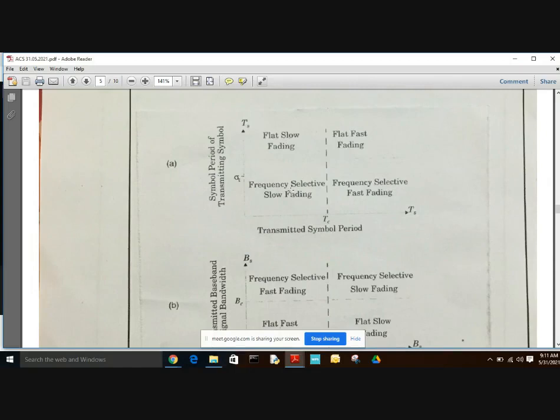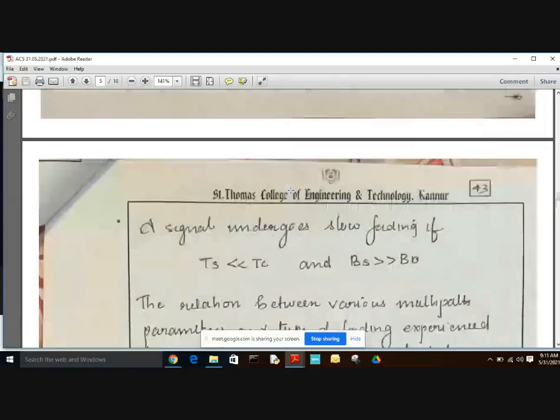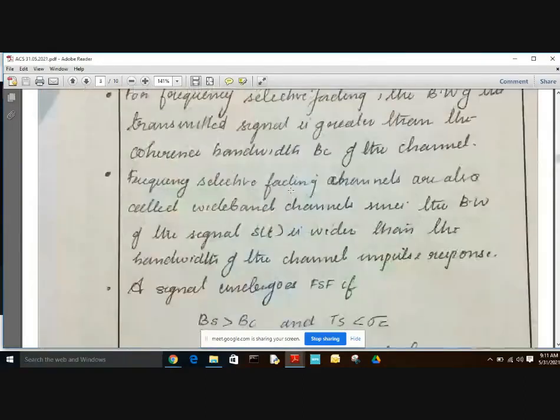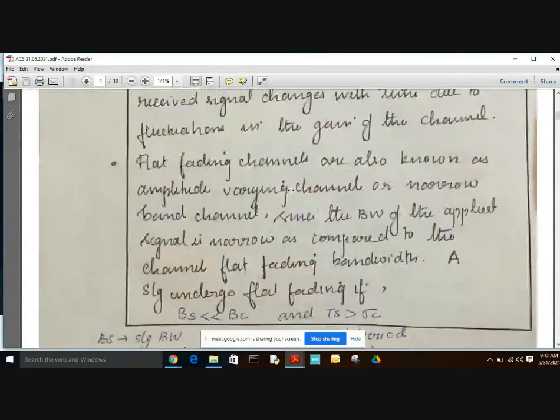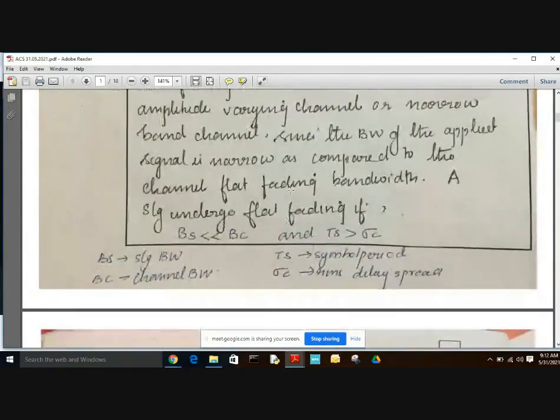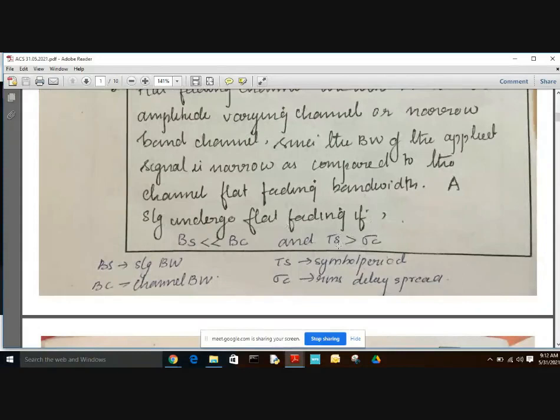In flat fading and frequency selective fading, we have studied that flat fading occurs when Ts is greater than tau-c.